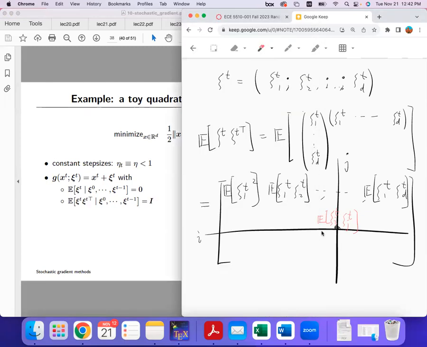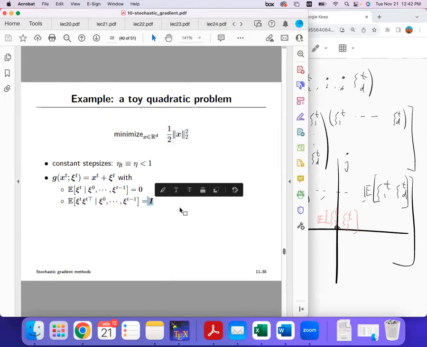Basically, we only have diagonal terms, and the diagonal term is just the variance of each ξ_1, ξ_2, up to ξ_d. This means that all these random variables, the noise in each coordinate, have unit variance, and moreover they are pairwise uncorrelated, because this is an identity matrix.